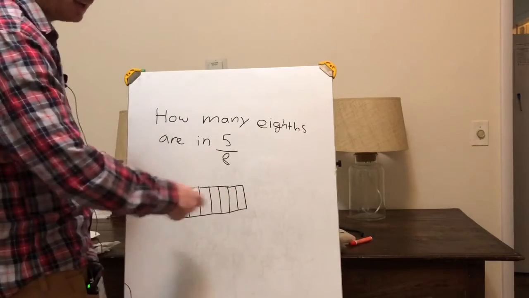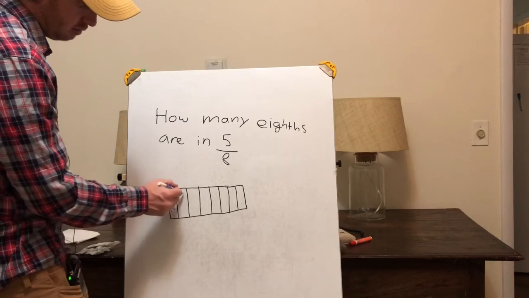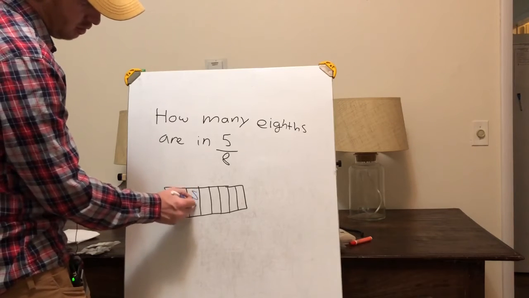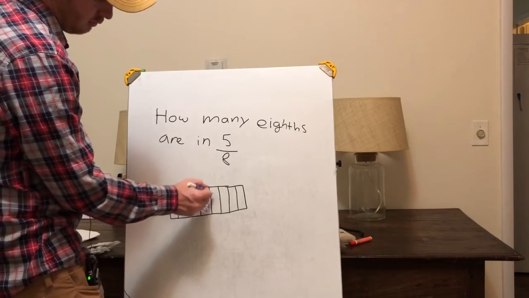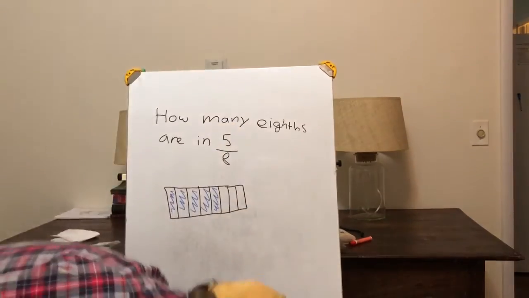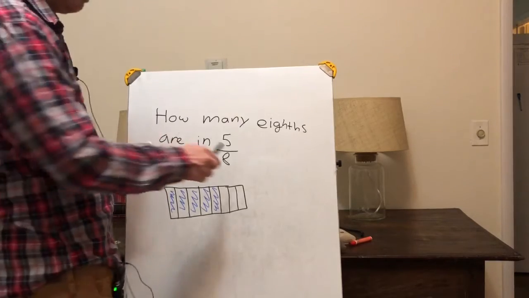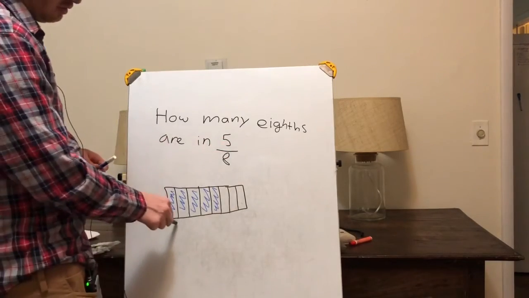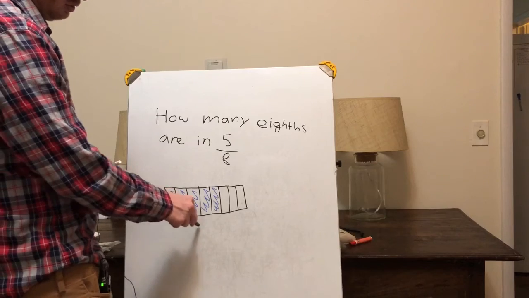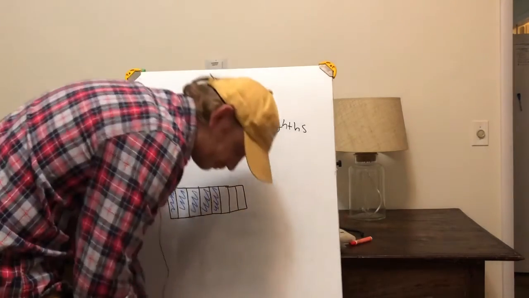So we know we have 8, and we're going to circle or count 5. 1, 2, 3, 4, 5. And now we can count how many eighths are in 5/8. 1, 2, 3, 4, 5.